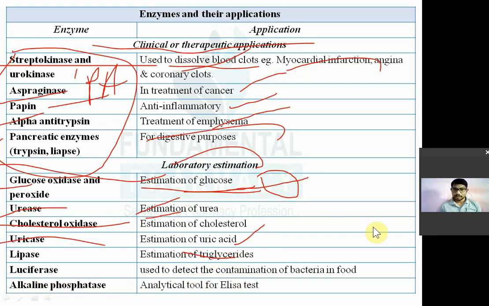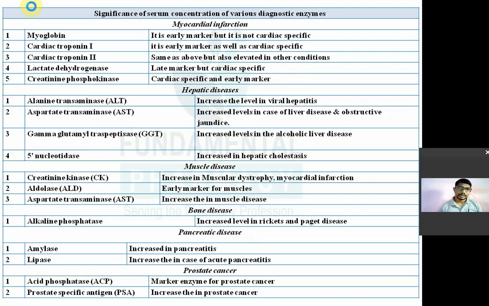Luciferase for bacterial contamination in the food. अगर फूड में बैक्टीरियल कंटेमिनेशन है तो उसको डिटरमाइन कर सकते हो आप बाय यूजिंग लूसिफेरेज. Alkaline phosphatase enzyme is utilized as an analytical tool in the ELISA test. So these are the therapeutic and laboratory estimation applications of enzymes. थेरेप्यूटिकली कौन से एप्लीकेबल है और डायग्नोस्टिकली कौन से एप्लीकेबल है. Now another significance of some enzymes.